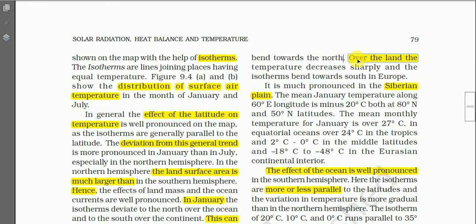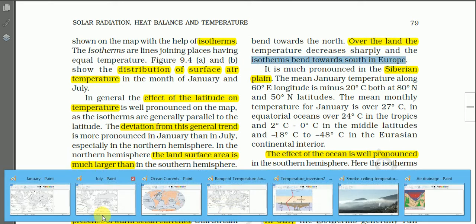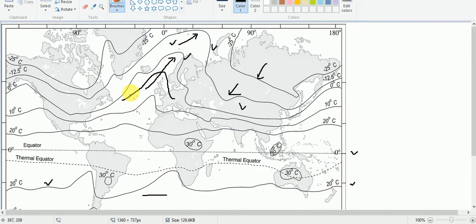And over the land, temperature decreases sharply, and isotherms bend towards the south in Europe. Over the Atlantic Ocean, you have seen that these isotherms are bending towards the pole in this way.